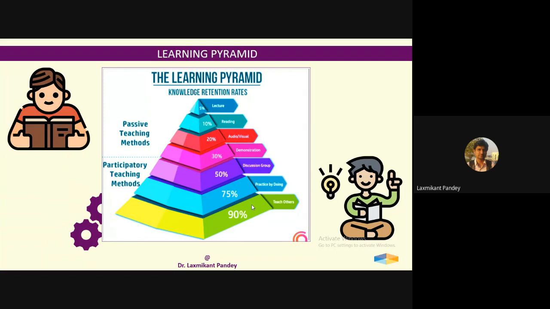We are using different modes in the teaching, and because of that, the student is not only getting the information from the teacher, as happens in the passive teaching methods, but is also part of the teaching method. The way the teacher gives the information also involves the student in that methodology. That's why it is called the participatory teaching method.